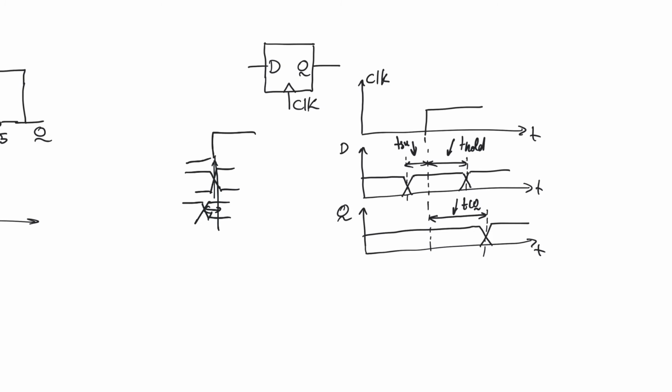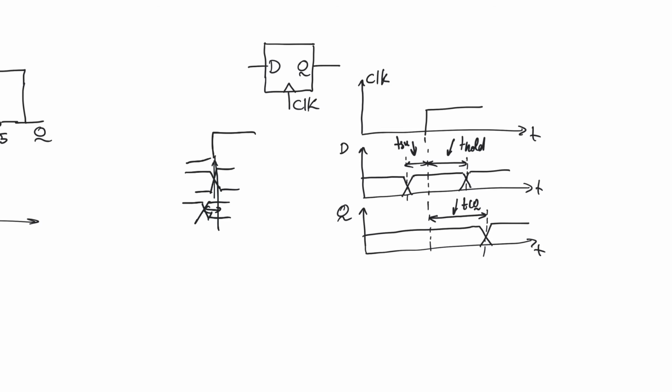So what is T hold? T hold is the amount of time we have to hold the data stable at the input of the register after the active edge if the data is to be registered properly. So basically what we are saying is that data has to be held at the input of the register for an amount of time equal to t setup plus t hold. T setup before the active edge and t hold after the active edge.